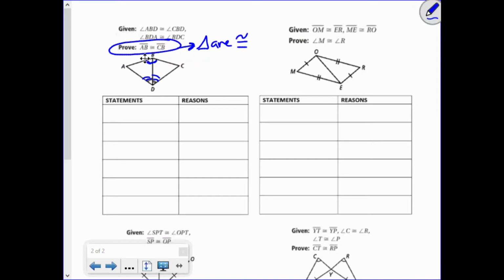So we're going to prove the triangles are congruent first, just like we did on the first page, and then stick one extra line on there with the CPCTC, just like you guys would have in the notes. All right, so taking a look, let's go ahead and put our givens in real quick. The first set of angles, and then our second set of angles.